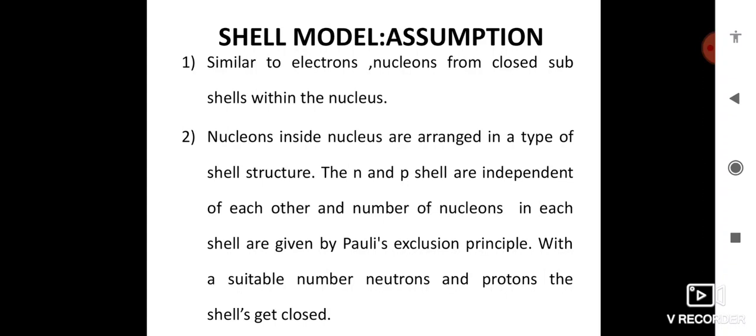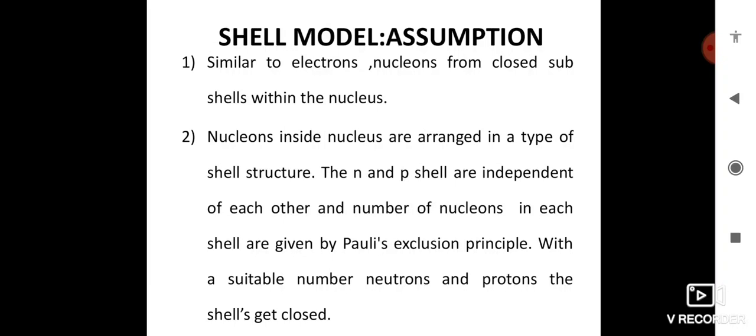In each state of given energy, with angular momentum l, the nucleon can be in 2l plus 1 different states corresponding to different projections of angular momentum on the z-axis. Due to spin, each state with a given projection of orbital angular momentum on the z-axis can accommodate two nucleons with opposite spin directions.